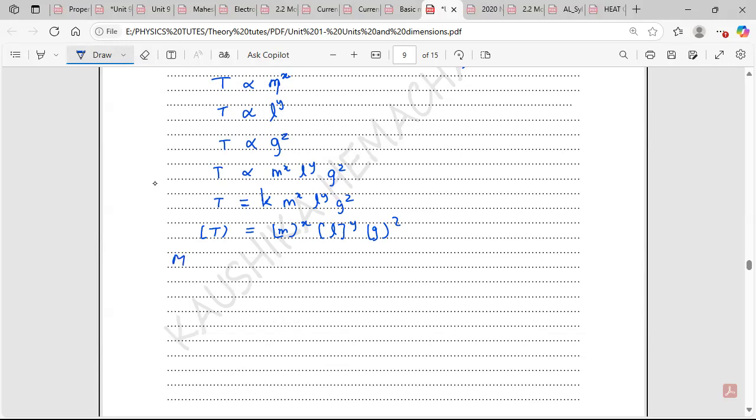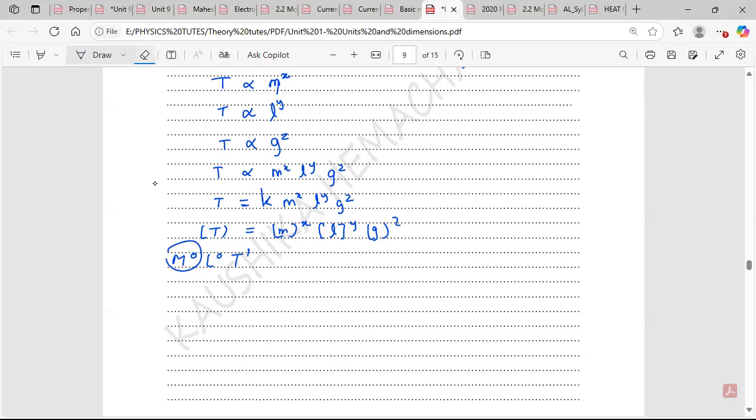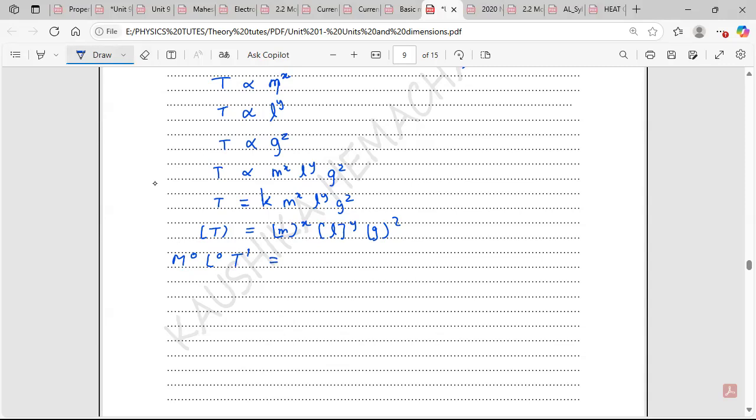It doesn't depend on mass, that is M to the power 0 and L to the power 0. Time period is time, T to the power 1. So the power of the mass dimension is 0, and for length dimension also it's 0. Then 1 into 1 into T to the power 1, again you get T, right?